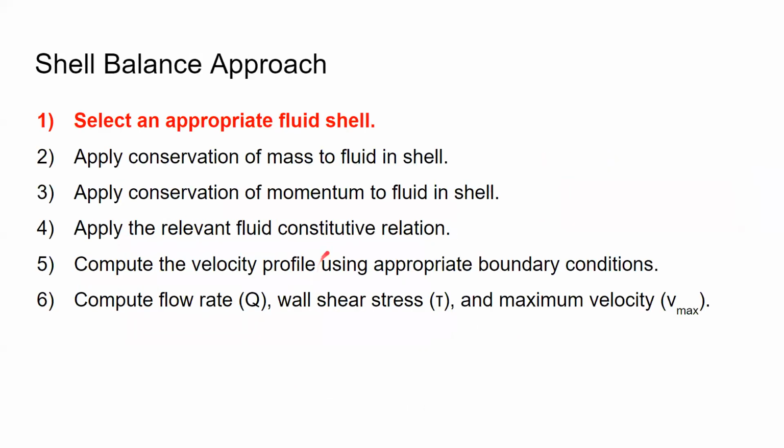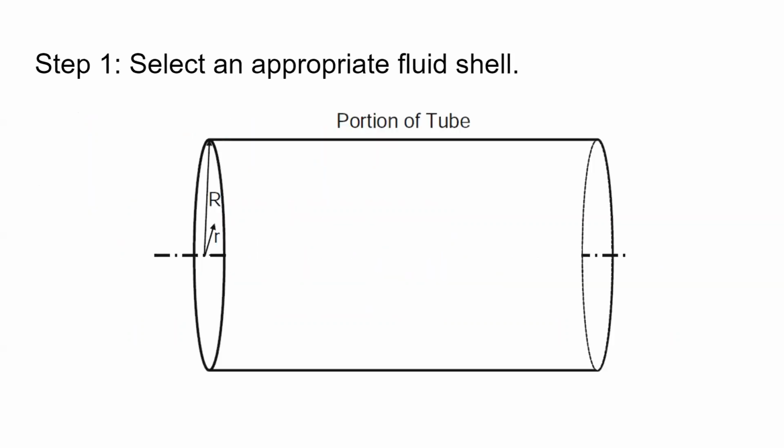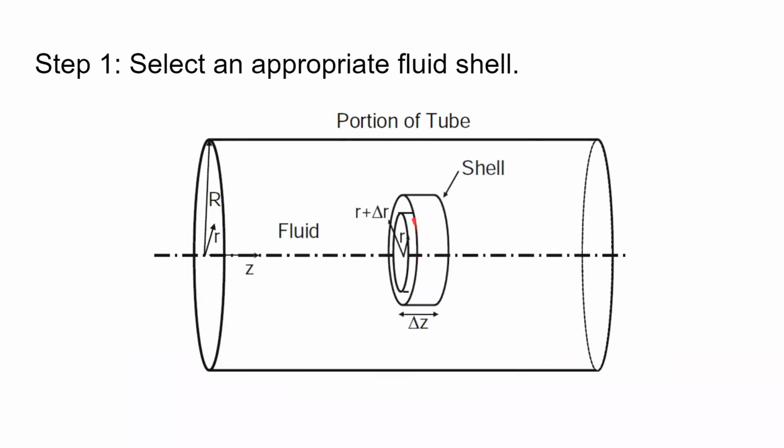So we know from our shell balance approach, our first step is to select an appropriate fluid shell. So we have our portion of our tube right over here. In our shell, we're going to have two circles with different radii.